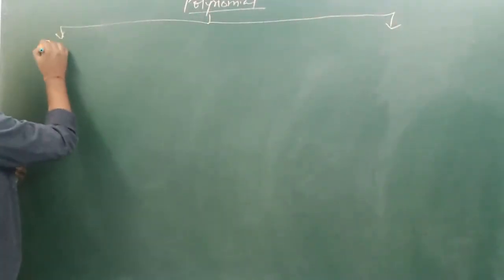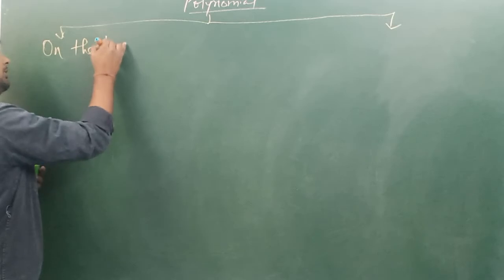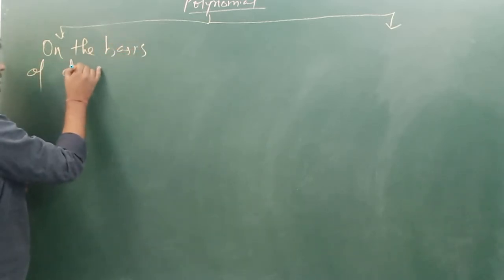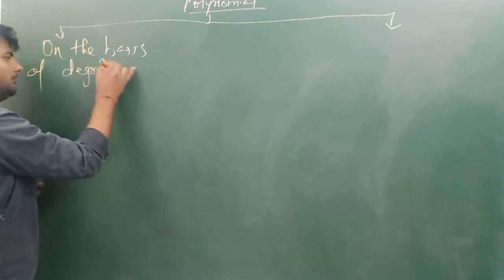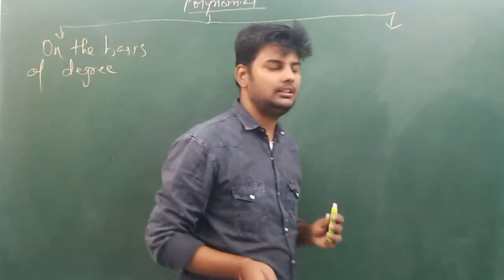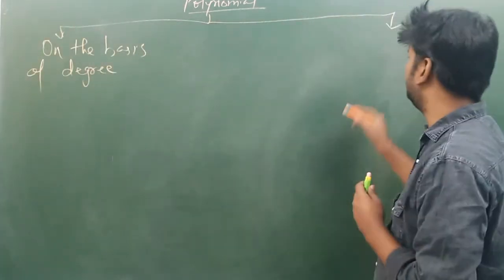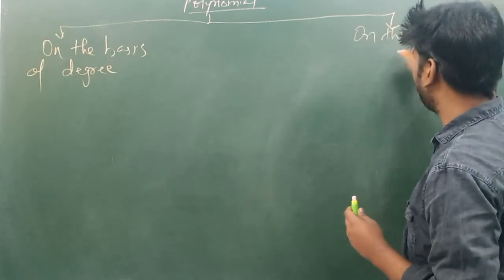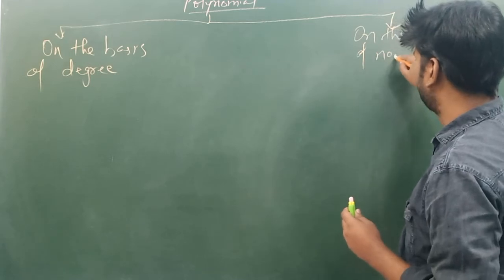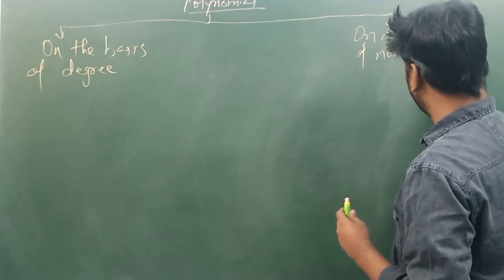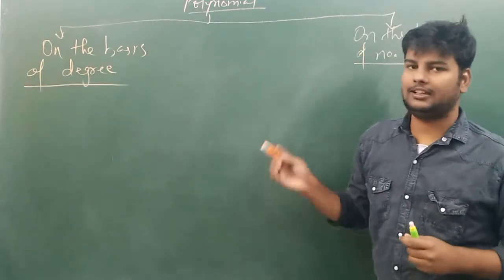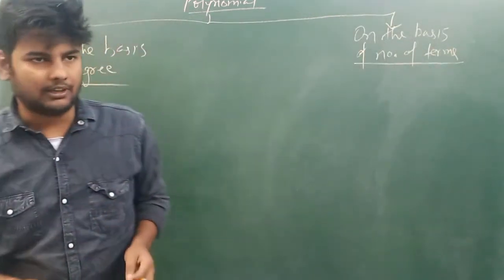The first one is on the basis of degree, and the other one is on the basis of number of terms. Now let us discuss them one by one.